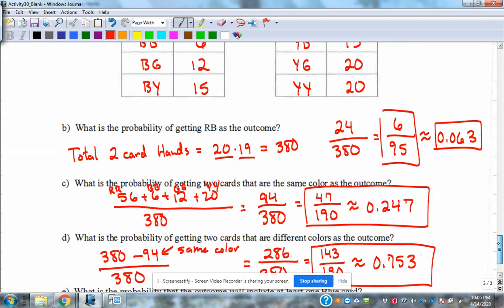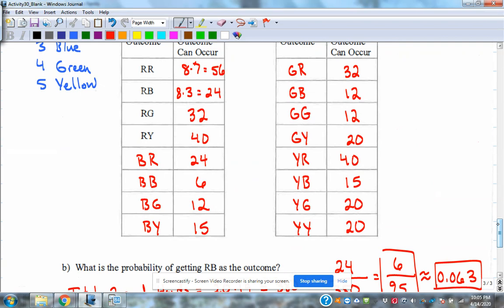Okay, hands with no blue are 56, 32, 40. None of these. So 56 and 32 is 88 plus 40.